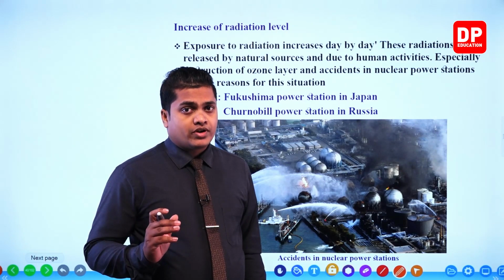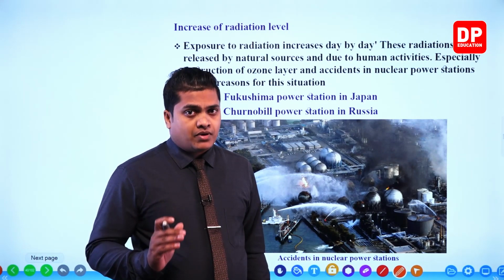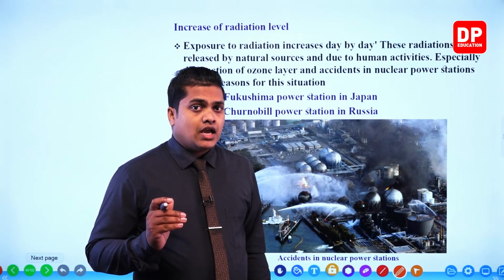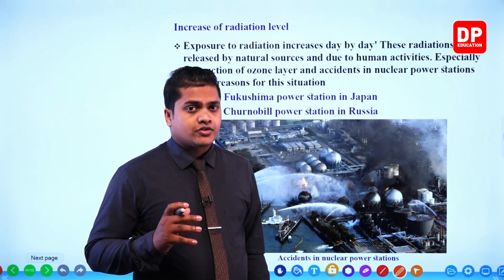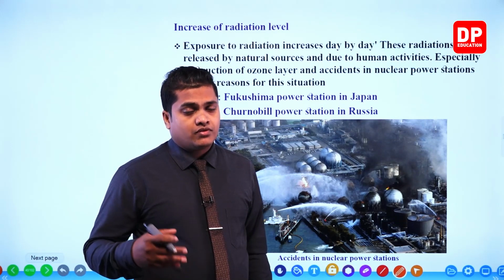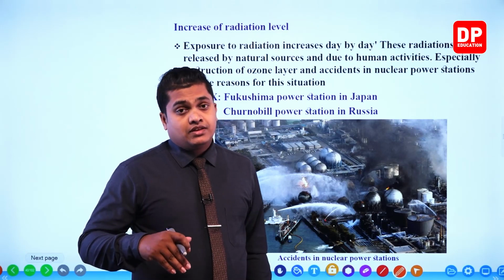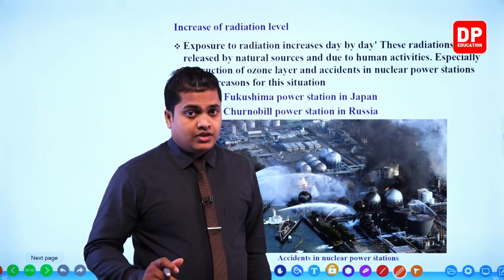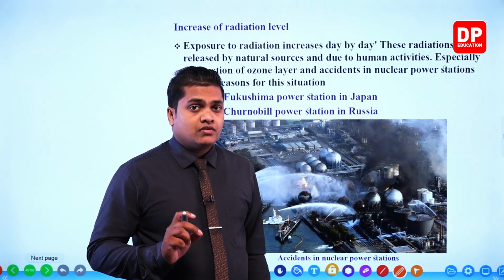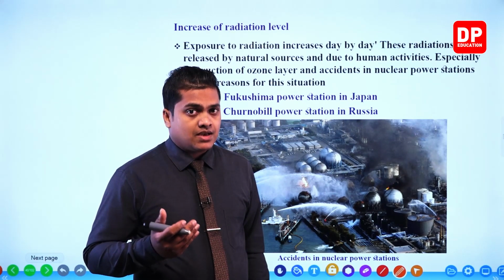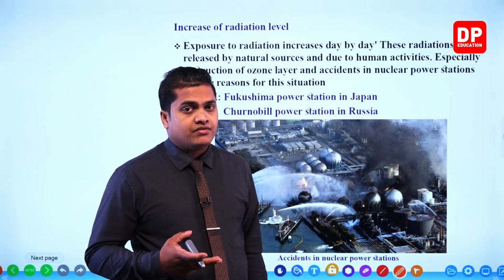If plants are exposed to more radiation, then the crop yield, and not only the crop yield, my dear children, but the production of food or the photosynthesis process will also be affected. And even if food is produced, consumption of those food items will be toxic because it has absorbed a large amount of radiation from the environment.